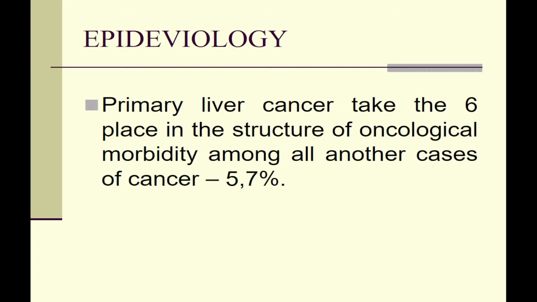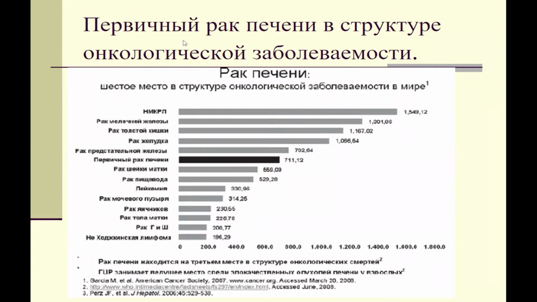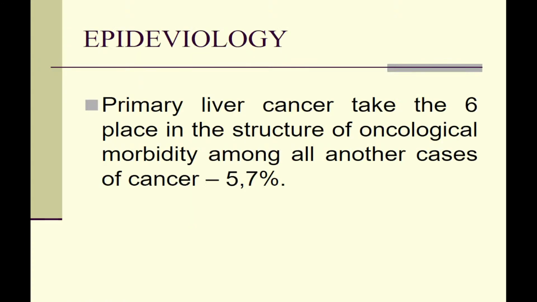Epidemiology. Primary liver cancer takes the sixth place in the structure of oncological morbidity among all other cases of cancer, 5.7% of all cases of cancer.